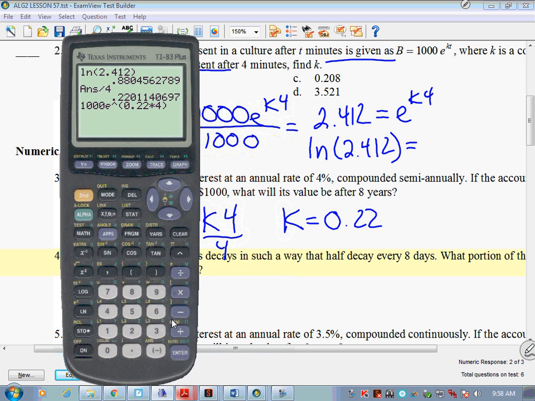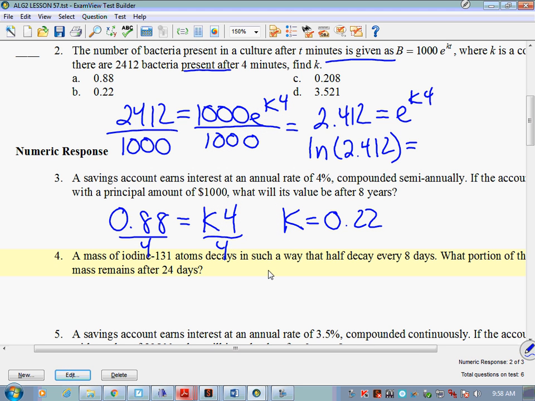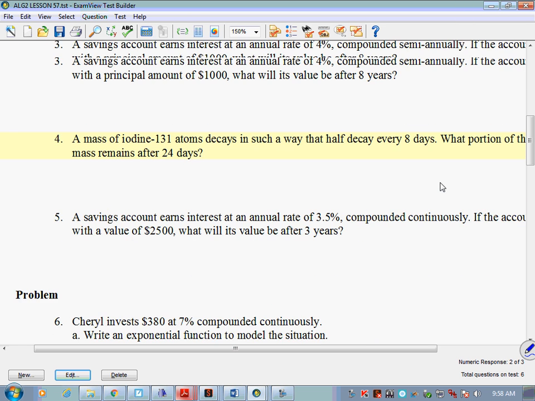And let's see if we get 2,412. 2,410.8, which would really give me 2,411. And because 0.22 is an approximation, it's getting me really, really close. So that's my ability there to test that answer. So k equals 0.22. Again, I would look at example number 3 for that question. All right, let's come down to number 3.